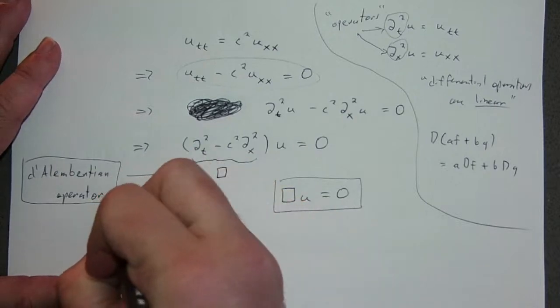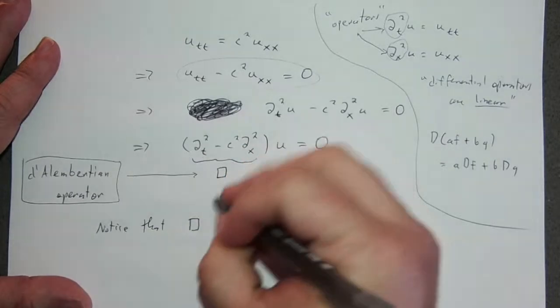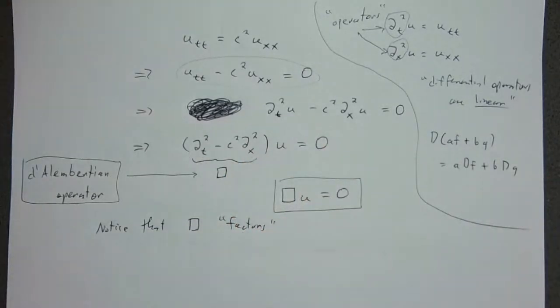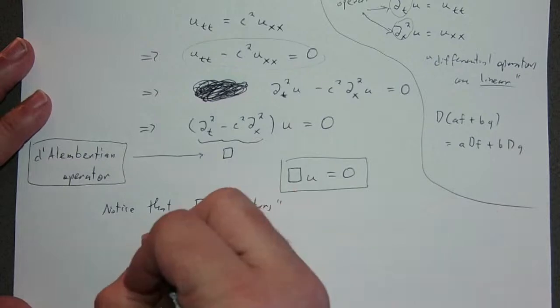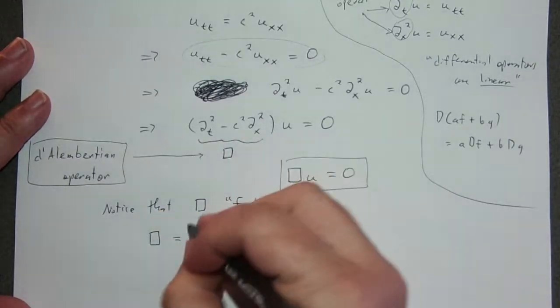So notice that box factors. Algebraically we're treating these operator objects just like they're x, y's, and z's showing up in some algebraic expression. And so box can be rewritten in factored form.